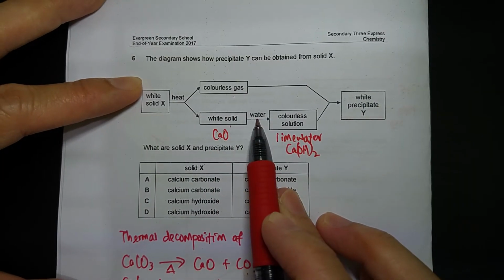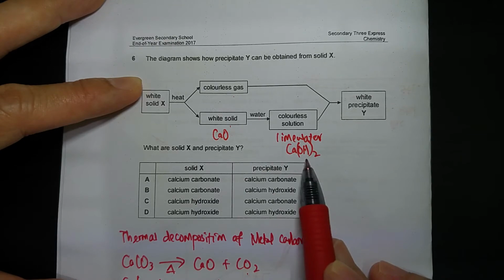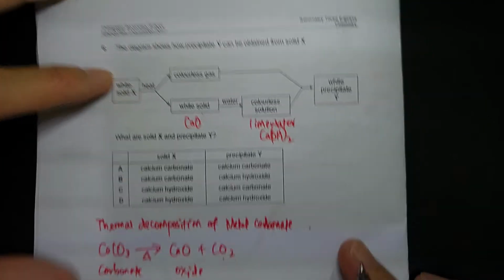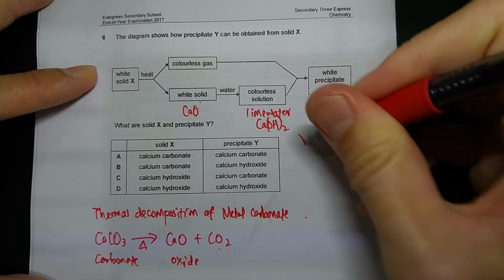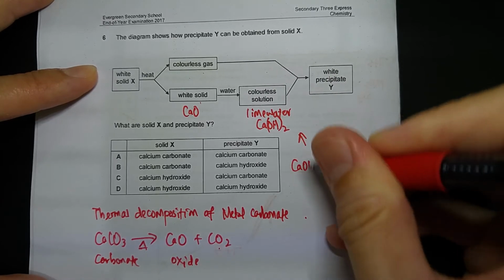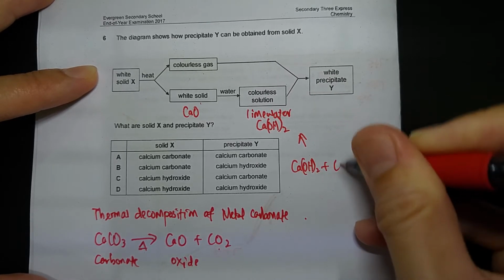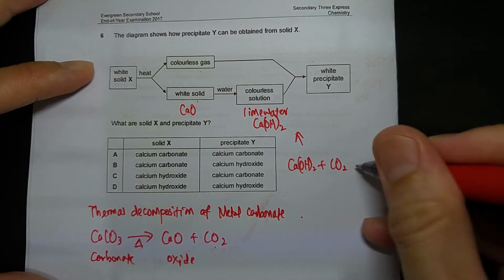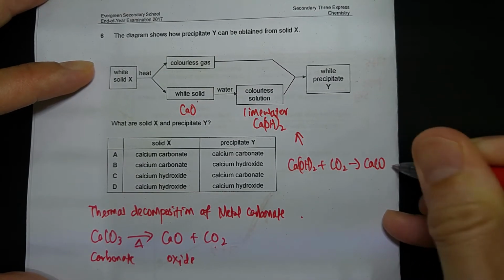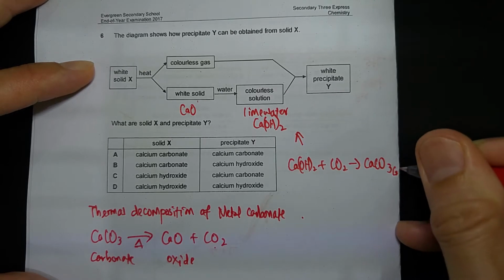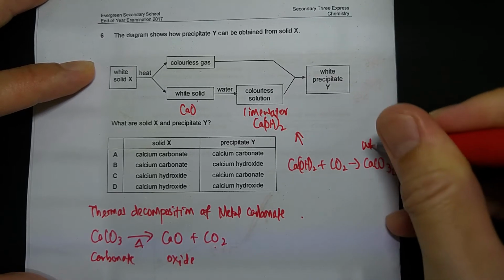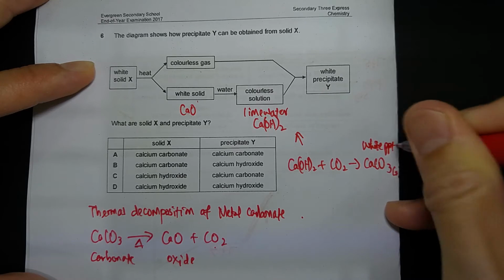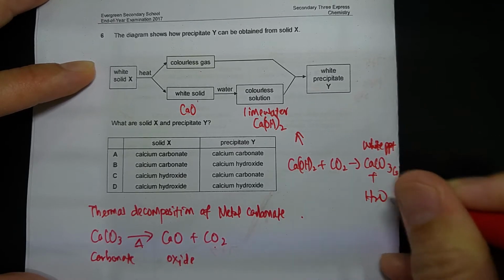Calcium oxide dissolved in water gives calcium hydroxide. When you bubble carbon dioxide into the lime water, you get calcium carbonate, which is the white precipitate, plus water.